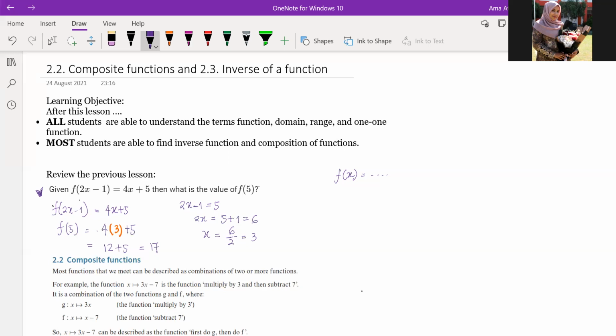So after we get the value of x, then we are substituting this to the x here, because we already get that to get f of 5, then we need to change x into 3. So after we are solving, we got this equals to 17. Okay, do you have any questions about this one?